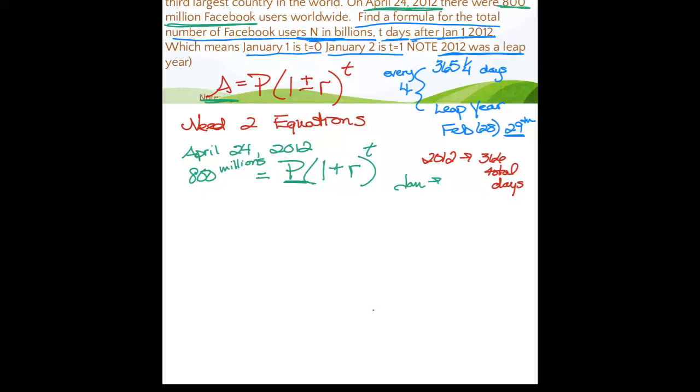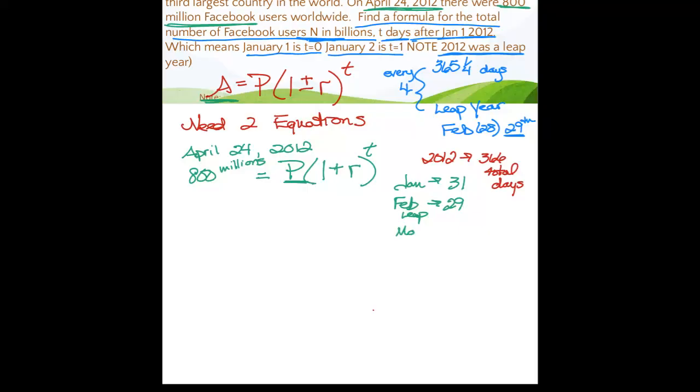How many days do we have in January? 31. Let's get to February. Remember, this is a leap year. So how many days are there in February for a leap year? 29.